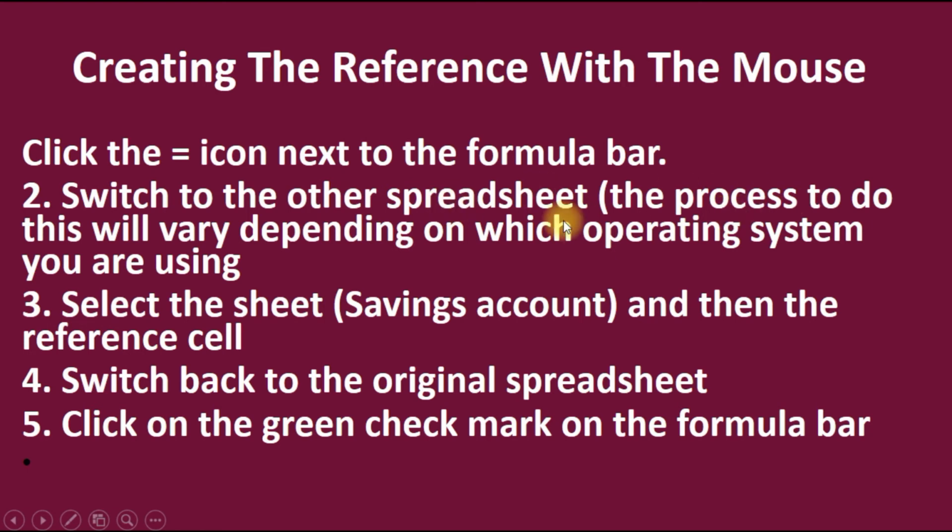The process to do this will vary depending on which operating system you are using. Select the sheet and then the reference cell. Switch back to the original spreadsheet. Click on the green check mark on the formula bar. We are going to do the practical of this one also. So let's start with the practical of referencing with the mouse.